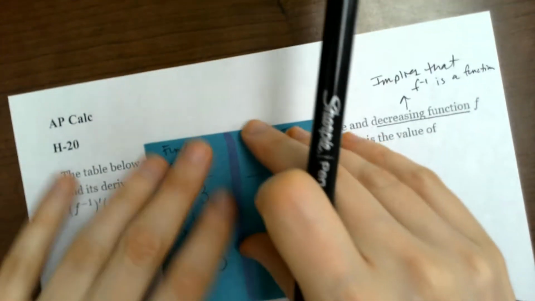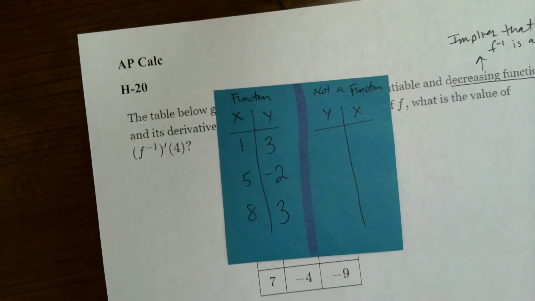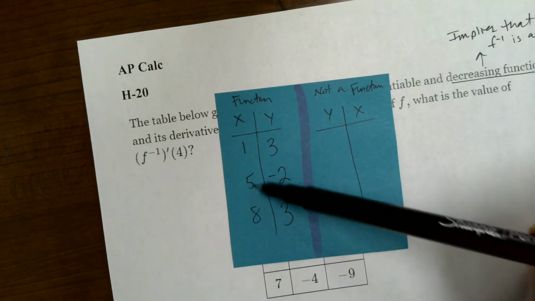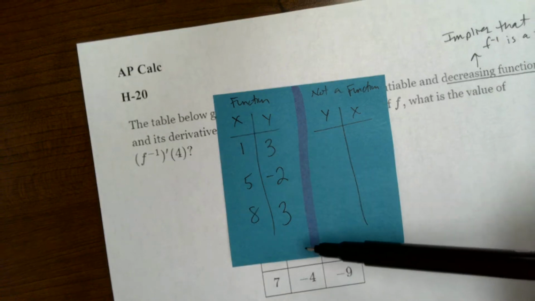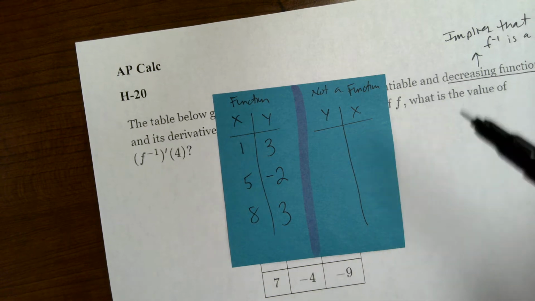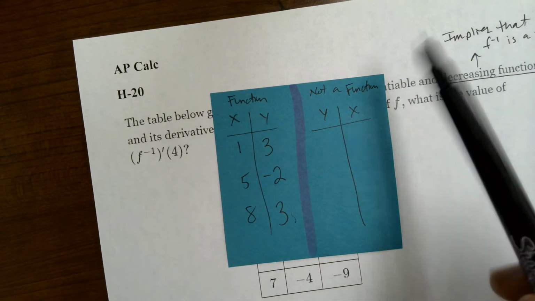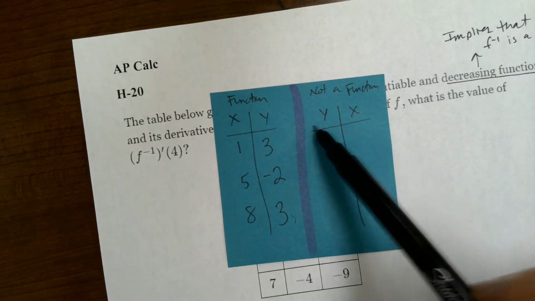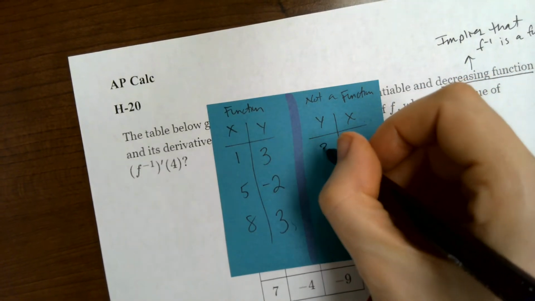So if you've got a function with this table of values, 1, 5, and 8 for inputs, these are the corresponding outputs. This is a function. Every x has exactly one y. That's the definition of a function. But for the inverse, the domain and the range, the x's and the y's, switch.